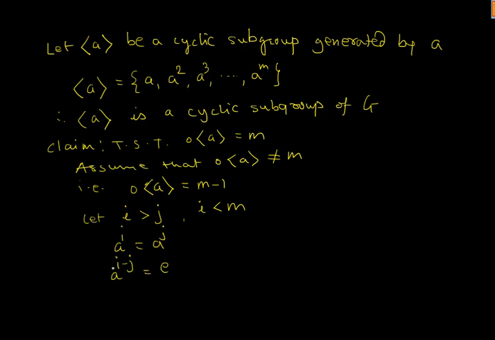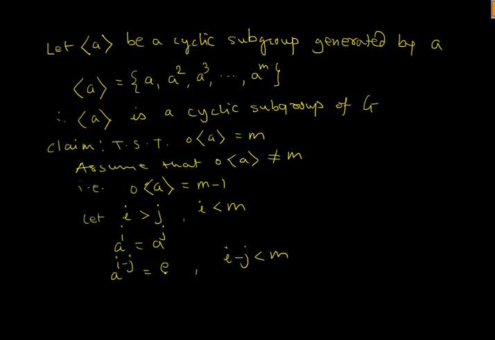Now, what is this power i minus j? We know that i is a number less than m, and when we subtract j from i, definitely i minus j is less than m.